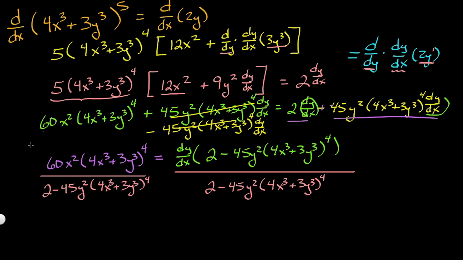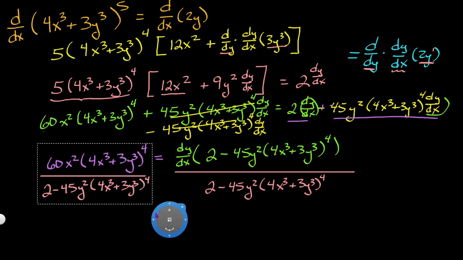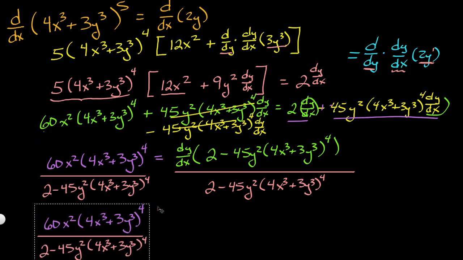And this right here is what's going to equal dy dx. I don't feel like rewriting all of that, so I'll just make a nice little copy, paste, move it down, and that is what equals dy dx.